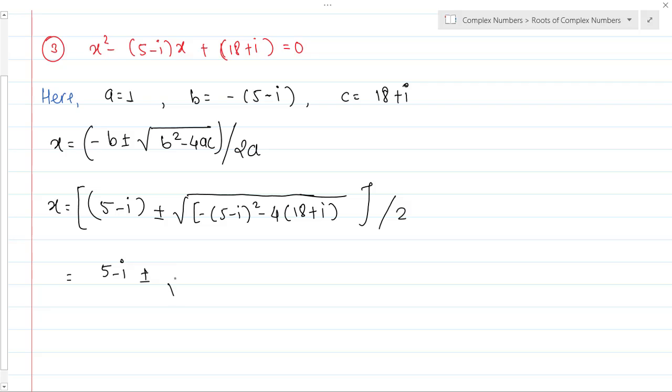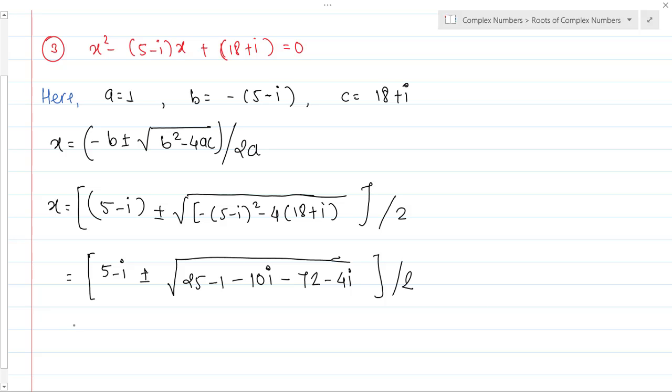Now let's open this under the root. Minus's square becomes positive, so this is 25 minus 10i plus i square, which is minus 1, then minus 72 and minus 4i, whole divided by 2.